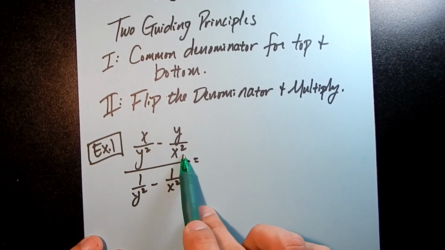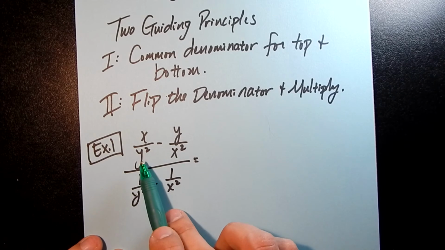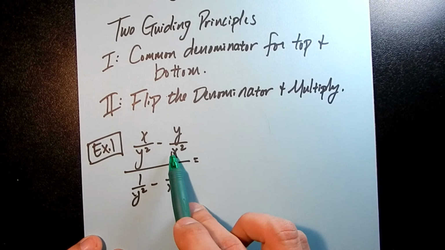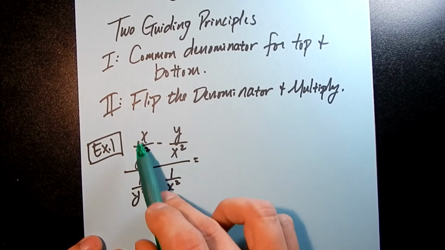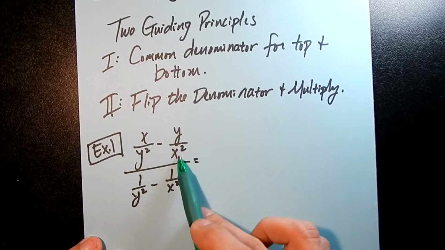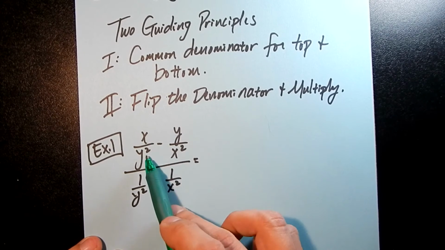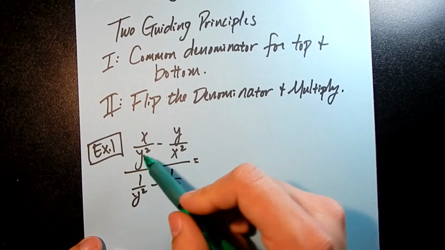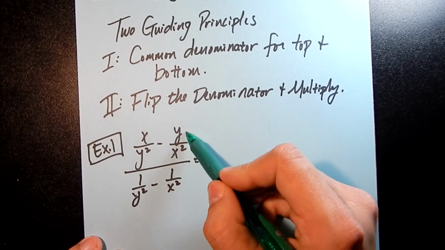So what we need is something that is common. So what we're going to do is introduce this denominator to this fraction and this denominator to this fraction. So in a sense, we're going to take this x squared times the top and bottom of this, and this y squared times the top and bottom of this.